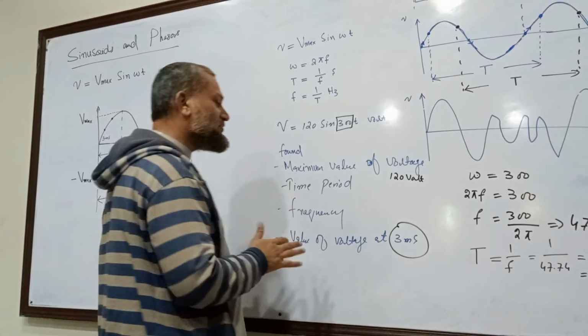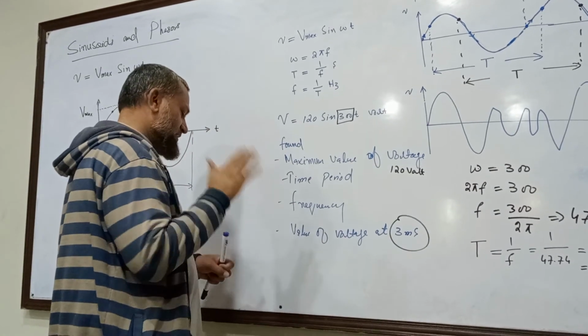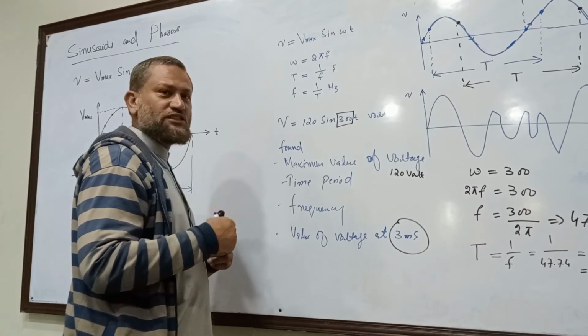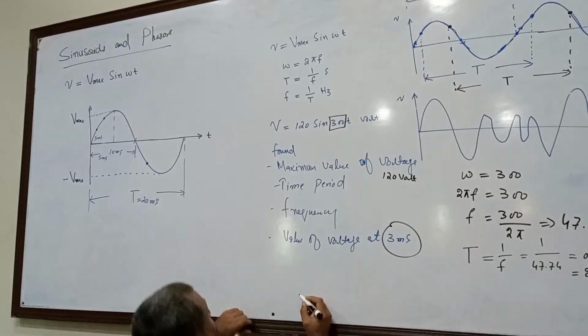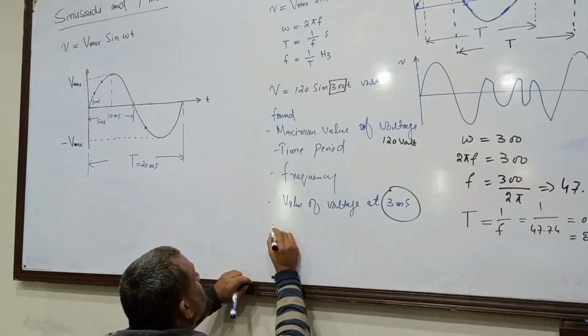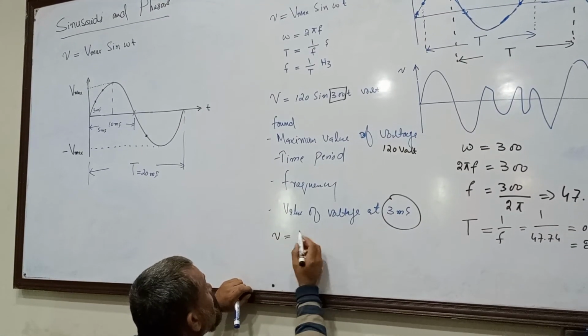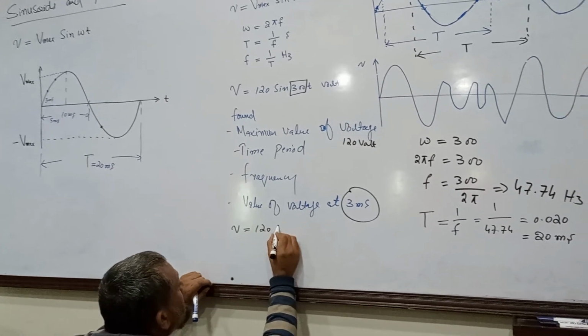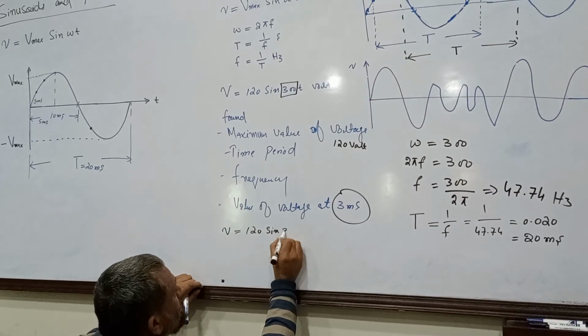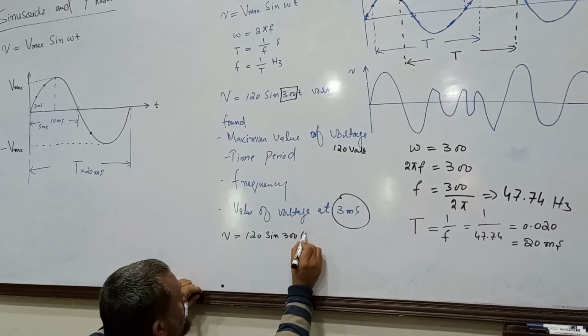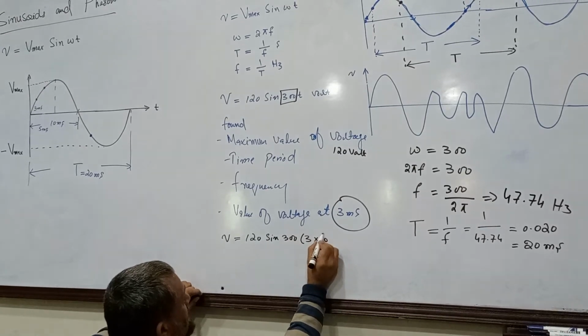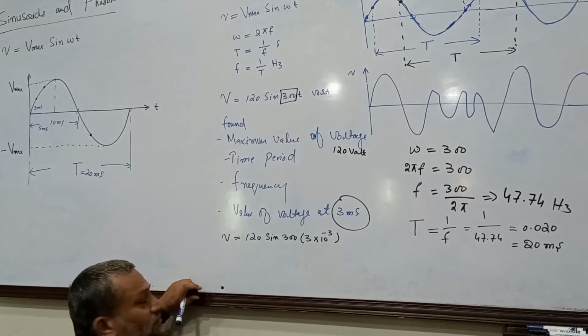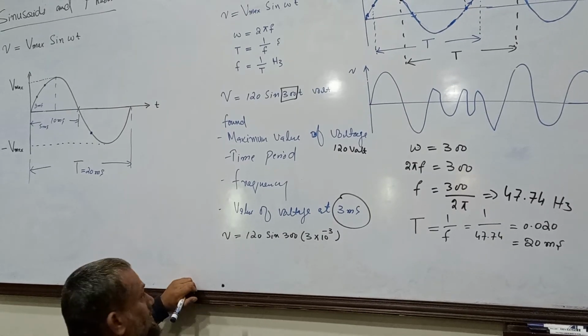So how will you calculate that? It should become a bit more than 60 volts. So that will be V at 3 milliseconds, so 120 sine of 300 into 3 times 10 to the power minus 3. Understand?